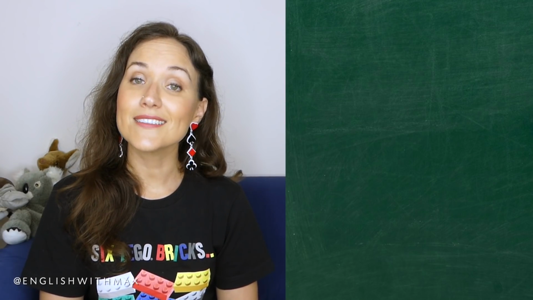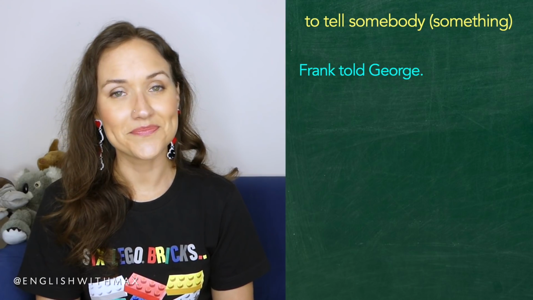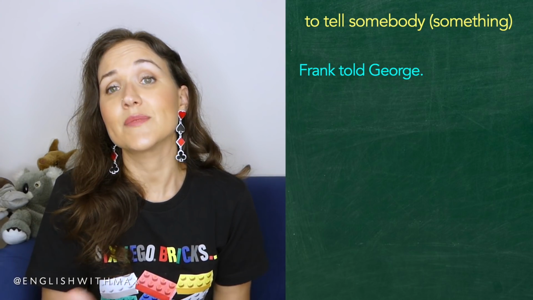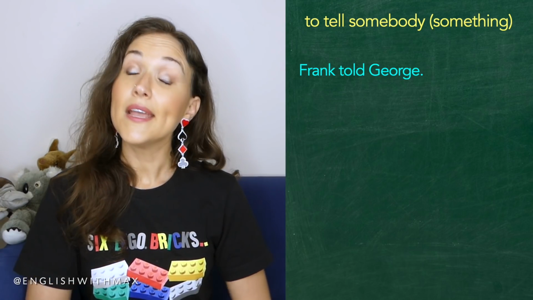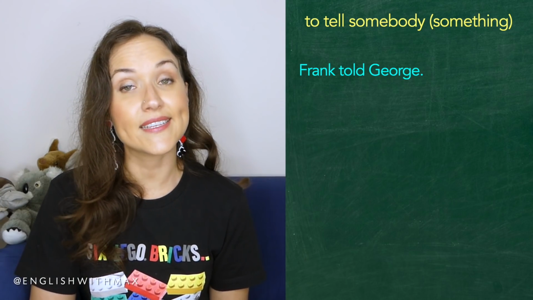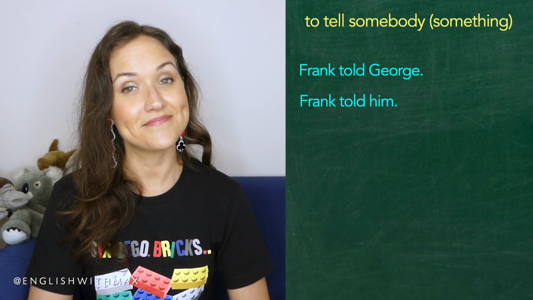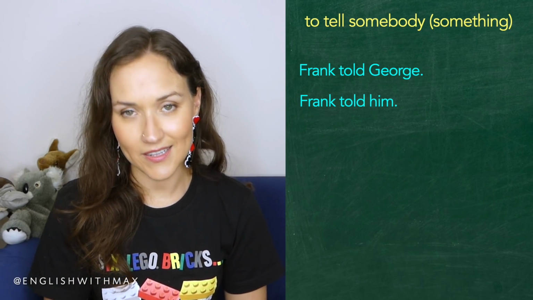Now let's look at tell. Frank told George. This sentence is fine by itself because it's probably clear from the context what Frank said. If you want to use a pronoun, this sentence becomes Frank told him. From now on, I'll mainly use pronouns in the examples to make it easier.